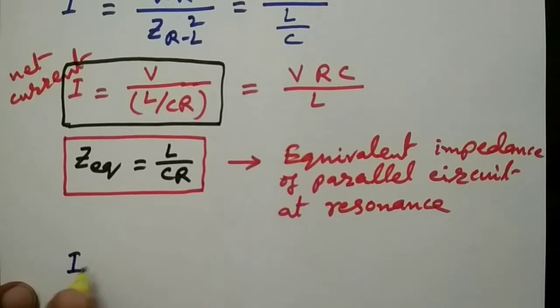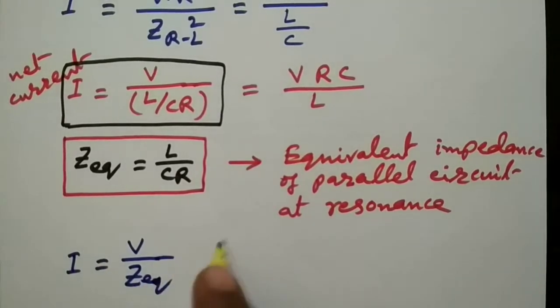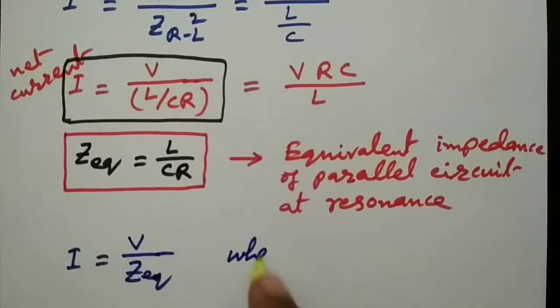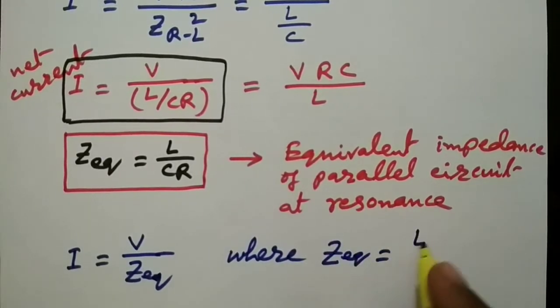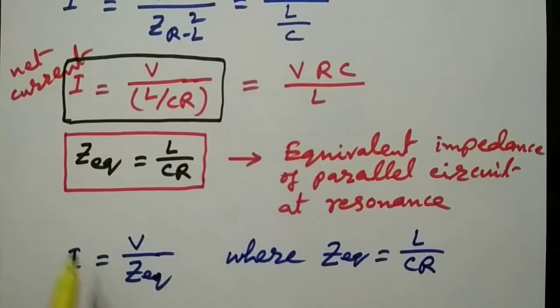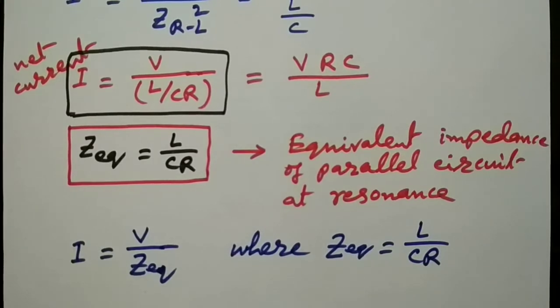So I is equal to V upon Z equivalent, where Z equivalent is equal to L by CR. That is the current and the equivalent impedance of the circuit. So L by CR is also considered as a dynamic impedance.